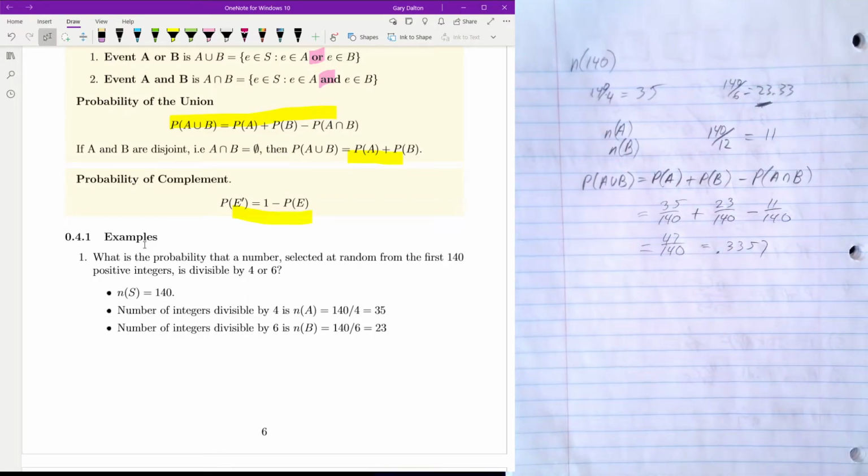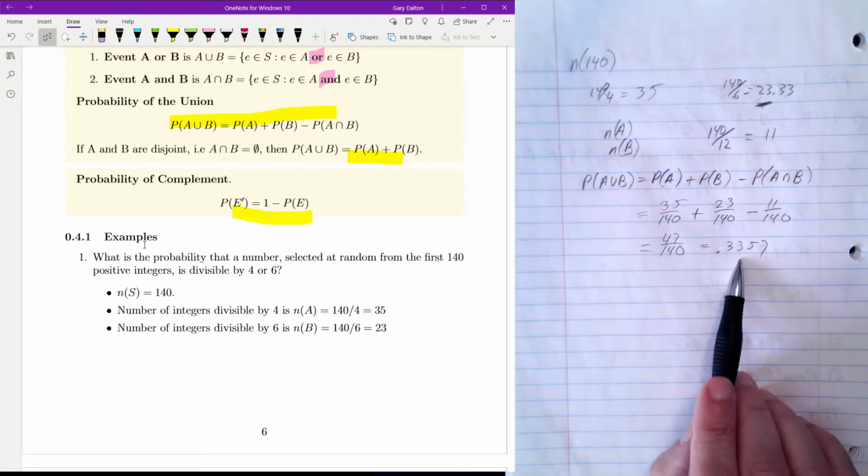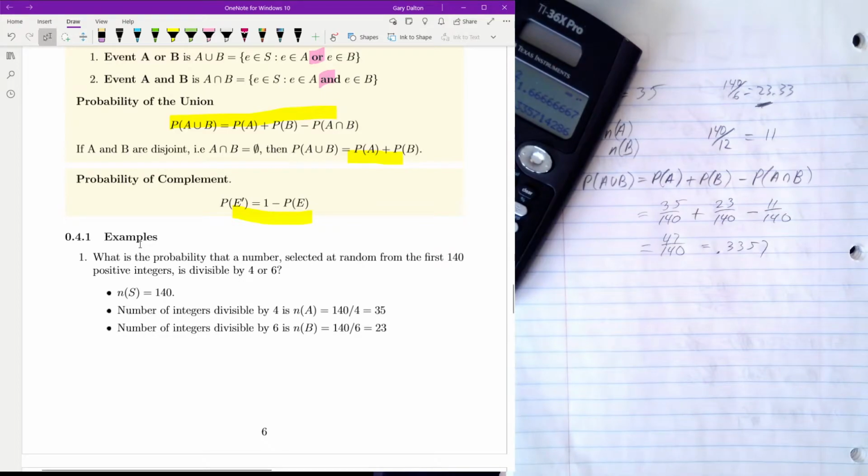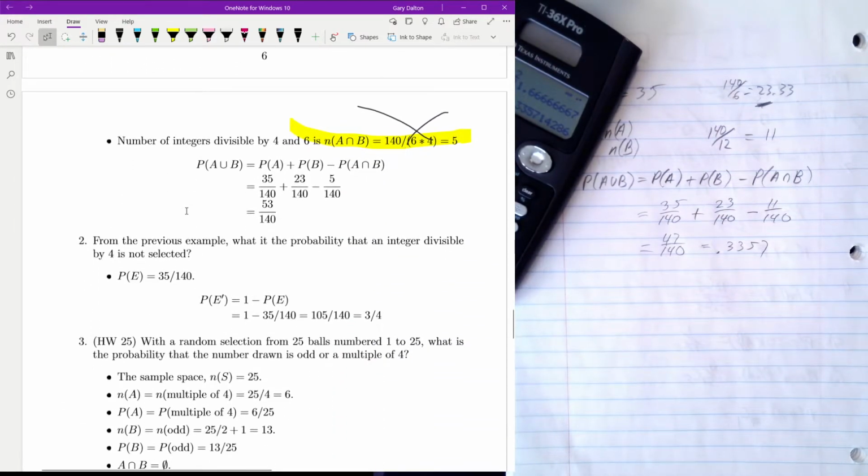So what is the probability that a number selected at random from the first 140 positive integers is divisible by 4 or 6? And that probability is 0.3357. As I indicated, this is incorrect.